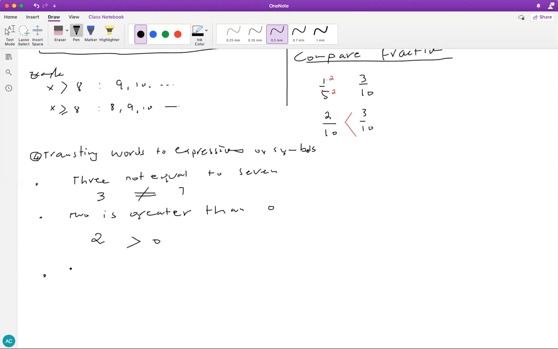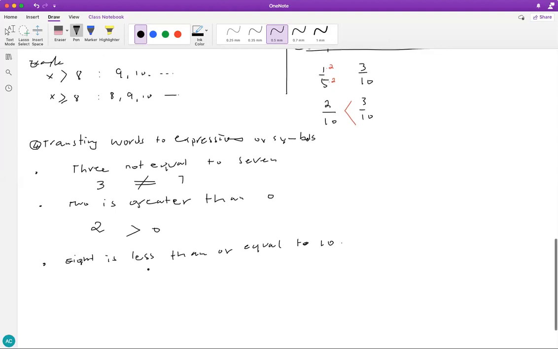Or if you see a sentence with 8 is less than or equal to 10, this whole sentence can be simplified into a very short and nice expression.